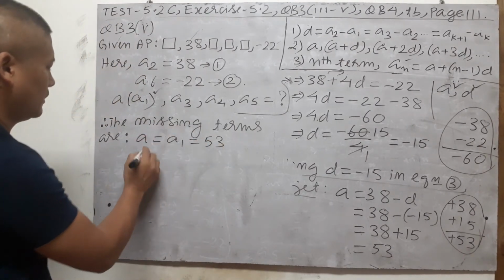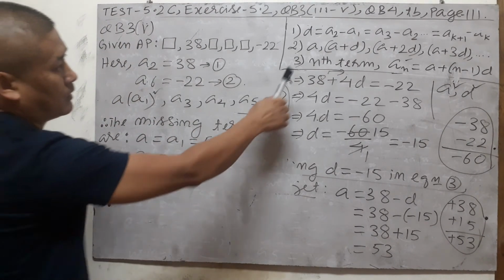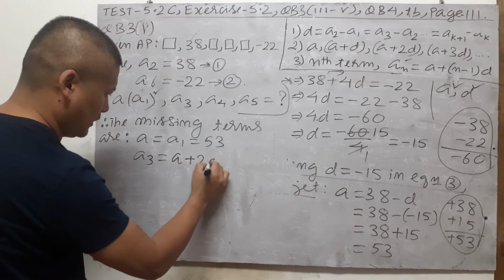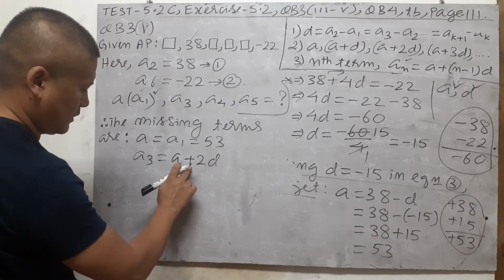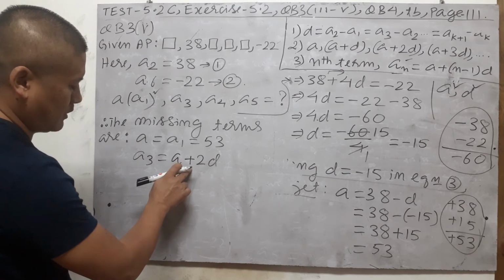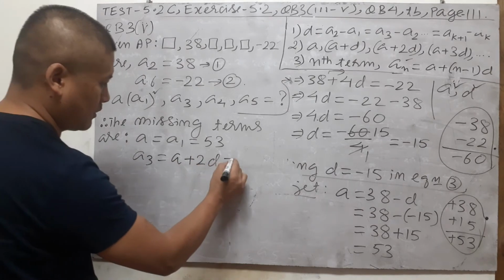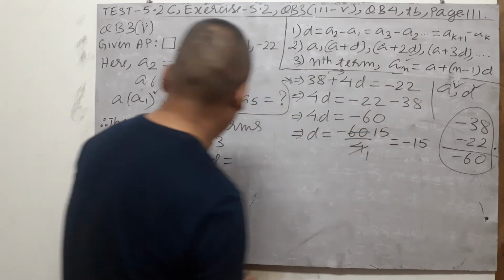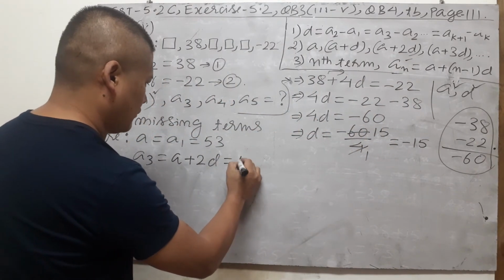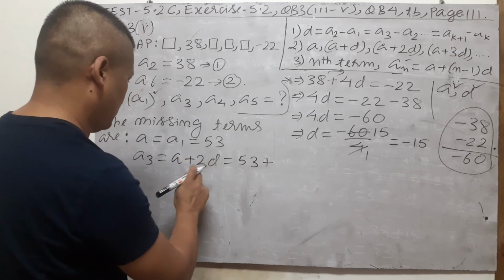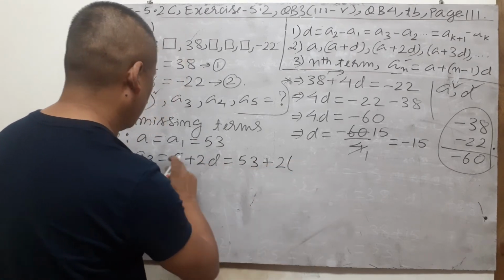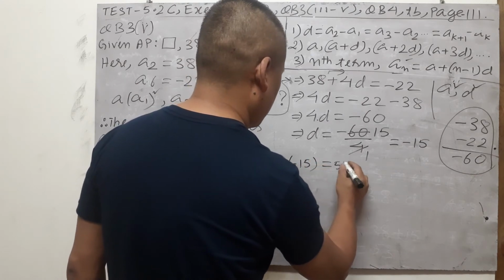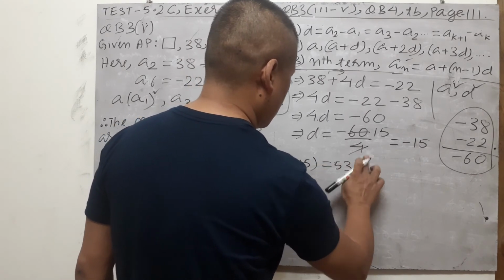53. Next is a3, 1, 2, 3. So a3 will be a plus 2d. A4 means a plus 3d. A5 means a plus 4d, one lower. So it will be equal to a is 53, as you can see here, plus 2 into d is here, minus 15, which is 53 plus 2 into minus 15.